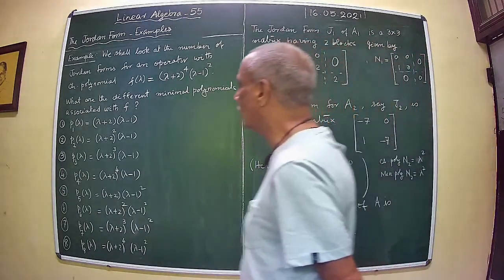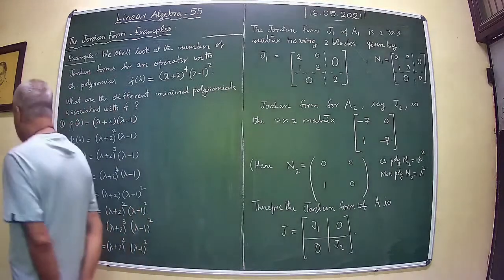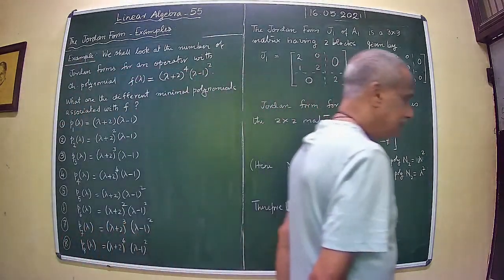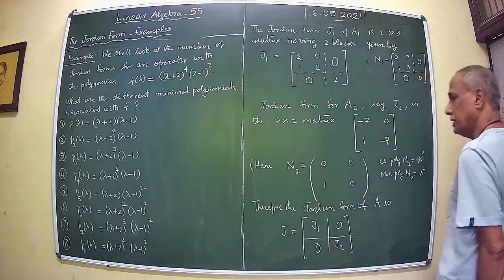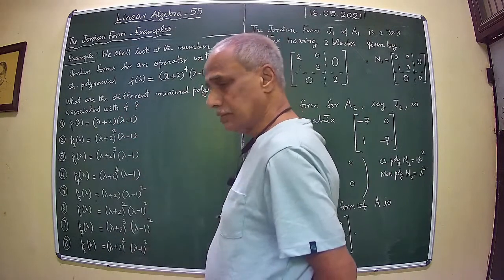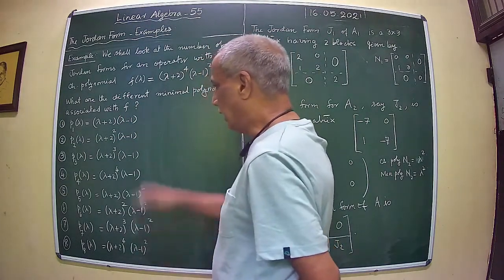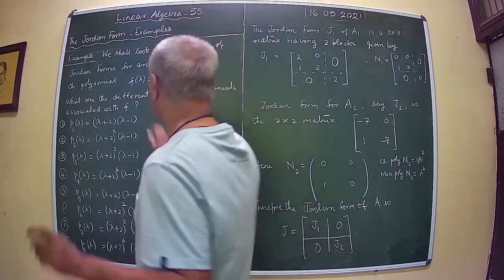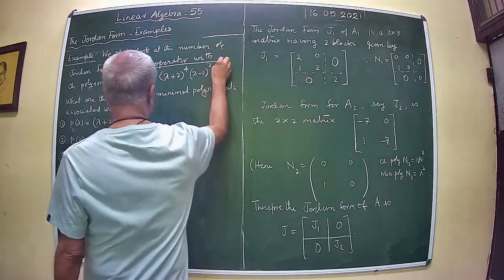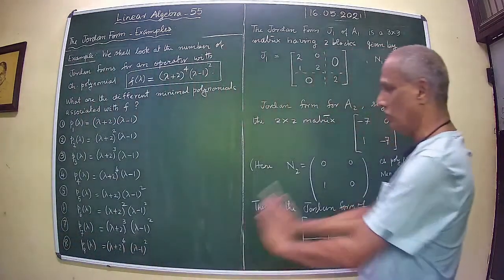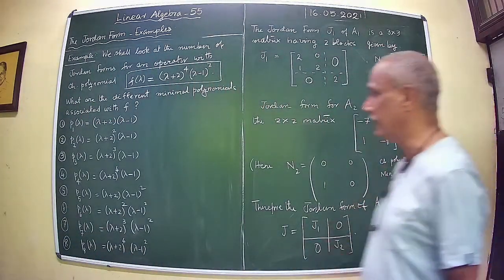Okay, therefore the operator has the corresponding Jordan form dictated by the various minimal polynomials, because the characteristic polynomial is given by this. The minimal polynomial divides the characteristic polynomial. So these are the only possibilities that you can have.